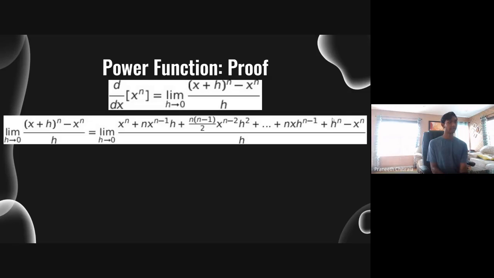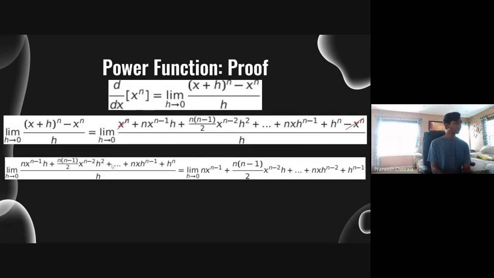And then it ends with n times x times h to the n minus 1 power plus h to the n power. And then we have this minus x to the n power here that remains, and then we have the all over h. We shouldn't forget this h. Now we can just cancel this x to the n power on both sides, and we're left with this limit here.